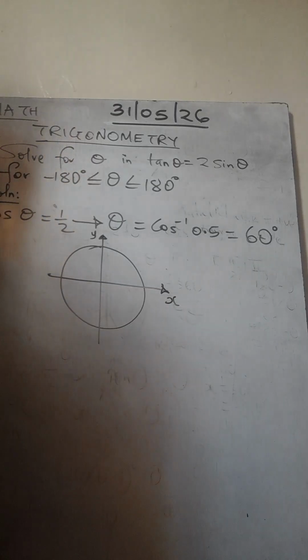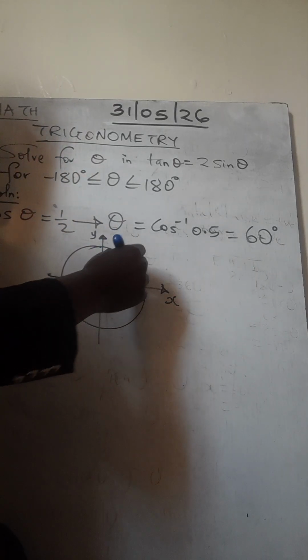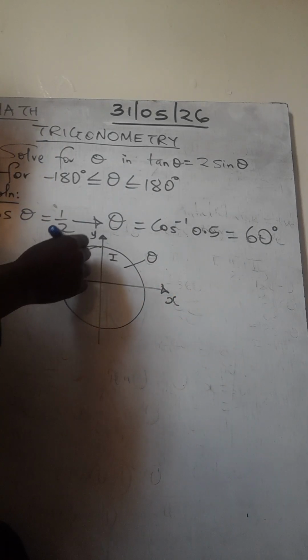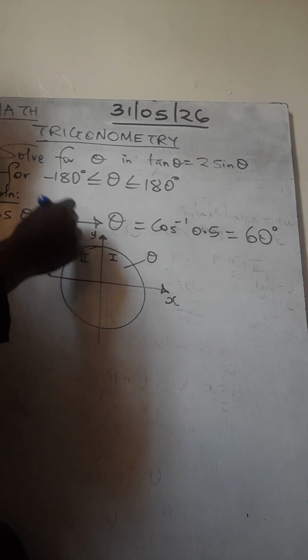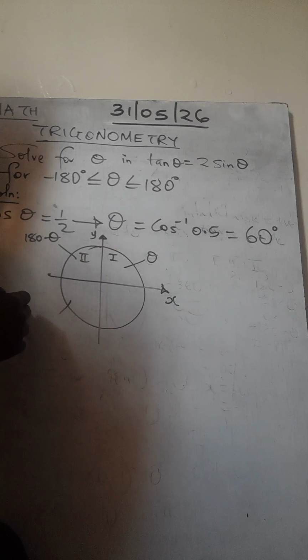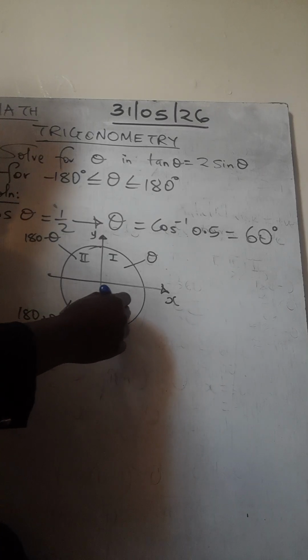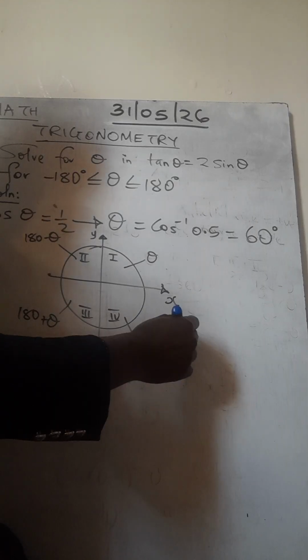So, first quadrant, theta. Second quadrant, 180 minus theta. This is 180 plus theta. Third. Fourth quadrant, 360 minus theta.